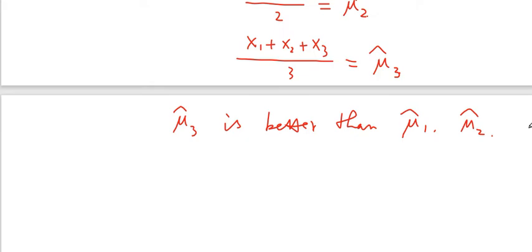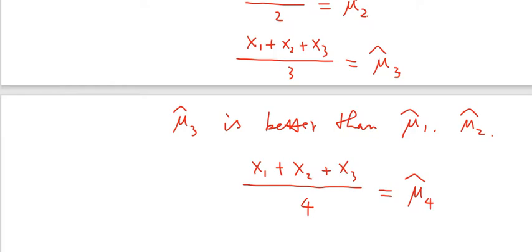Let's say x1 plus x2 plus x3 divided by 4. We use this to estimate the population's average. So this one, we still use all the information, all three data, right?